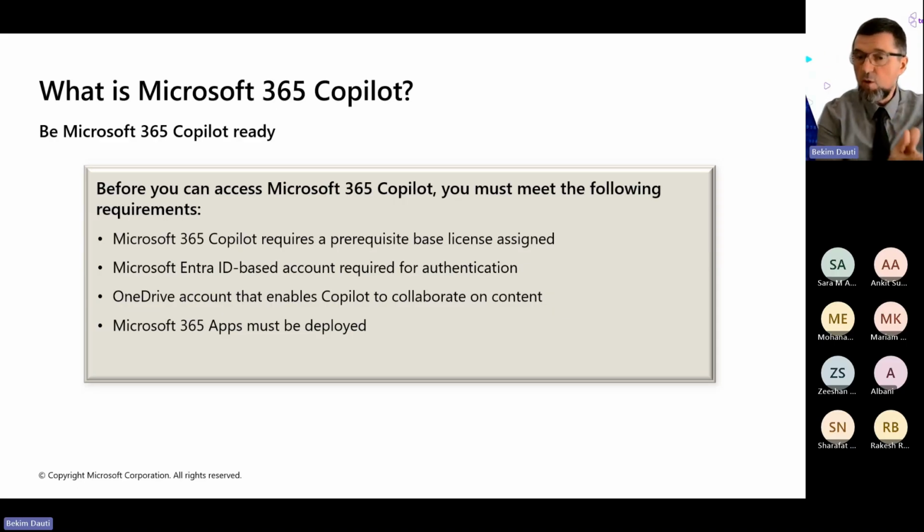If you are running the licensed version of Windows 10 or Windows 11 with a minimum build of 22H2, then you have Copilot on your machine. Okay, and that Copilot is operating system oriented. It's going to help you do tasks on your machine on that Windows operating system.